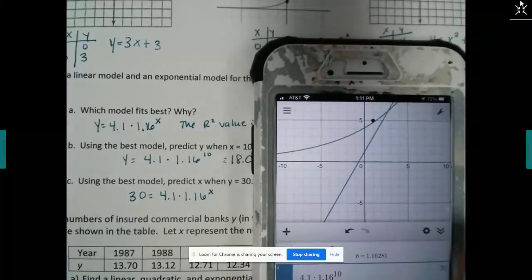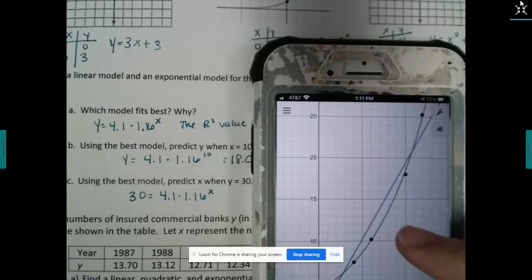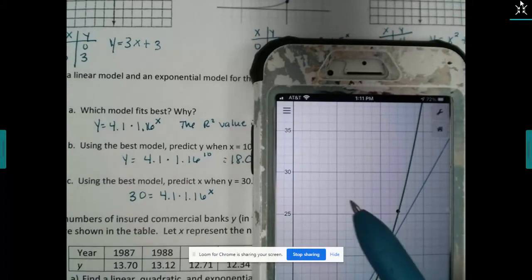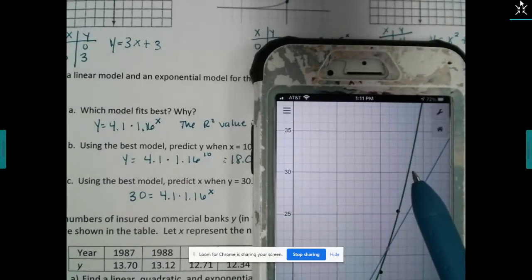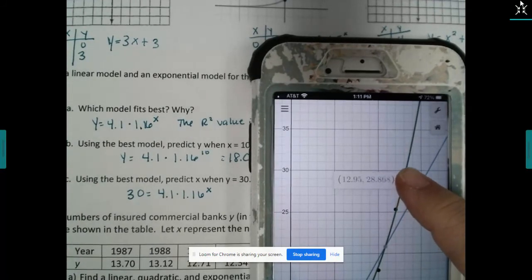So what I'm going to do is look at my graphs. And I know that my green one is the exponential. So I'm just going to scroll up to where y is 30, which is here. And I'm going to see what this x value is. So to do that, you just click on the graph and hold it. If you're on your phone, if you're on the computer, you just click on it with your mouse. And scroll up to when y is 30.